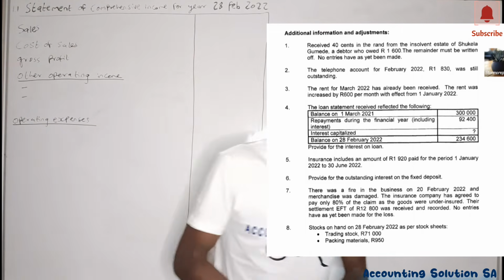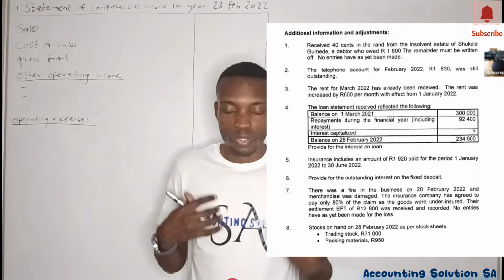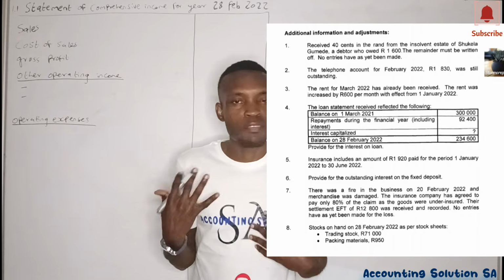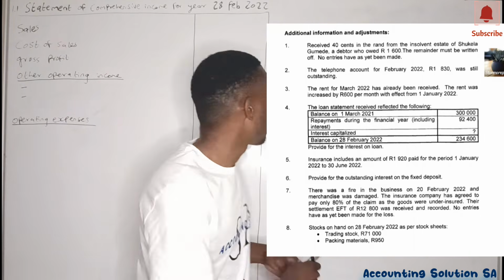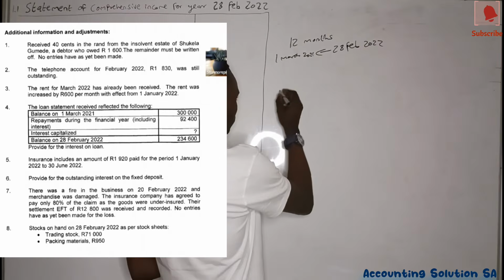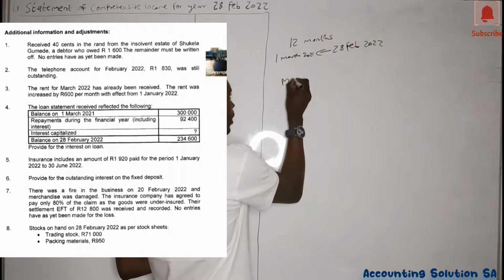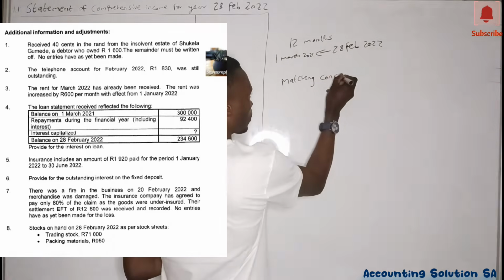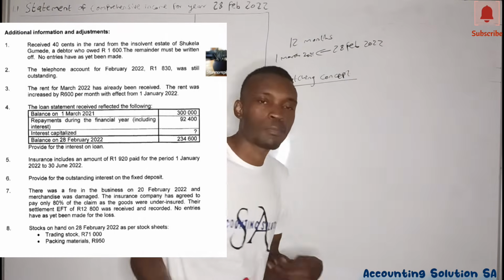Okay, then number 2, a telephone account for February 2022 of 1,830 was still outstanding. For a transaction like this, guys, I want to introduce a short principle so that it can be very simple for you to deal with transactions like this one. Under GAAP we have a principle that we call the matching concept, or matching principle.